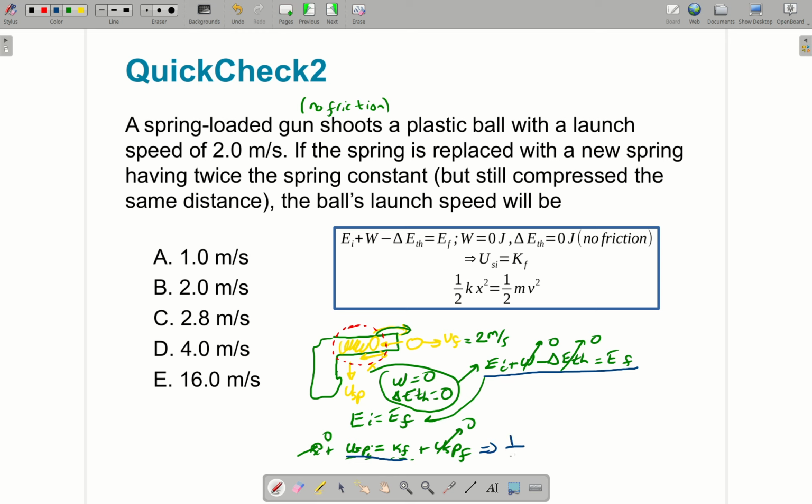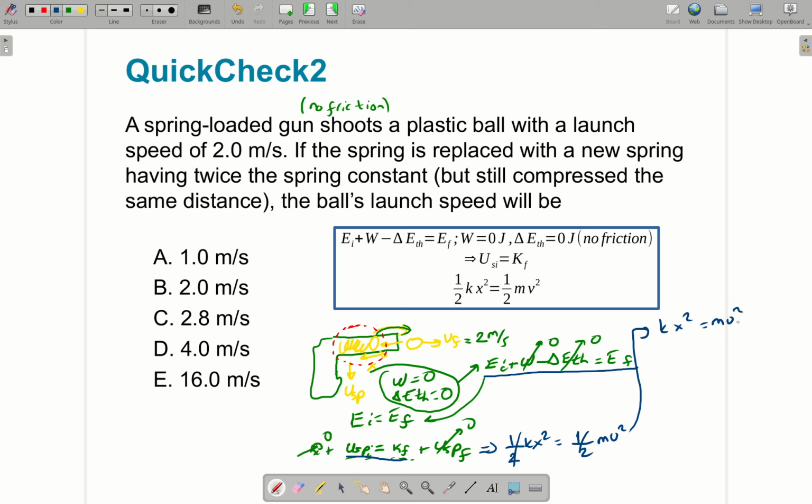Spring potential energy is defined as 1/2 kx squared. That's equal to final energy, 1/2 mv squared. Now I don't know k, I don't know m, right? So I can't really do much, but I know this. From here I get k x squared is equal to m v squared.